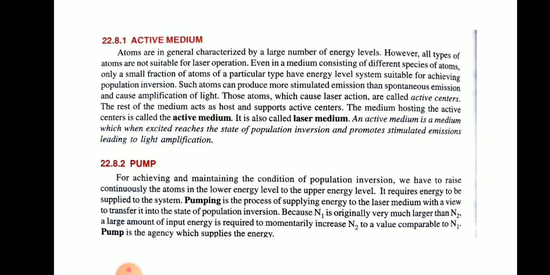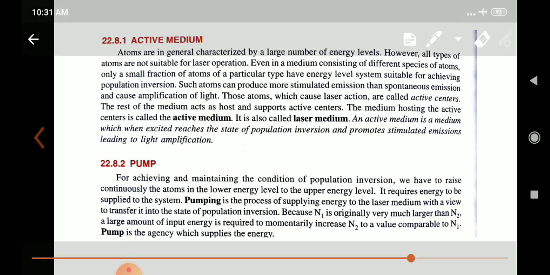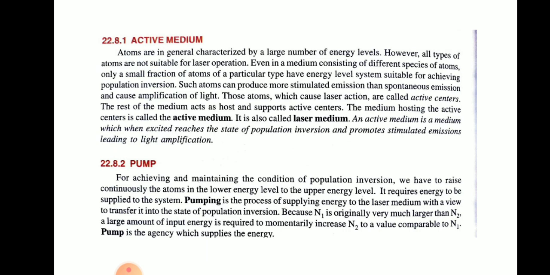Now, next is the pumping. For achieving and maintaining the condition of population inversion, we have to raise atoms continuously from the lower energy level to the upper energy level. It requires energy to be supplied to the system.